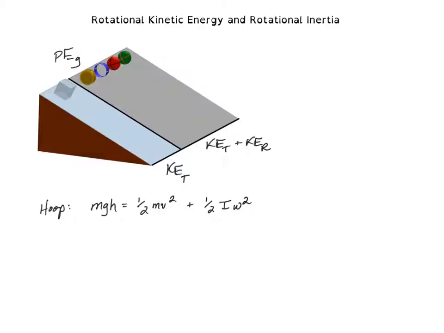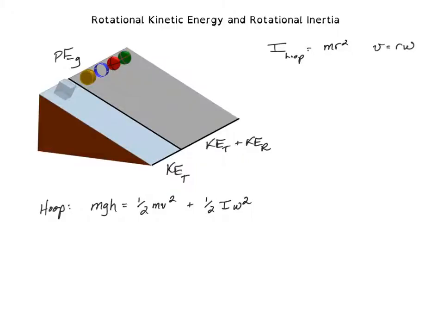I know that the moment of inertia of a hoop is mr squared. What this is telling us is that all of the mass is located at some radius from this axis of rotation, which is right at the center of this hoop. But I also know that my translational velocity is radius times omega.